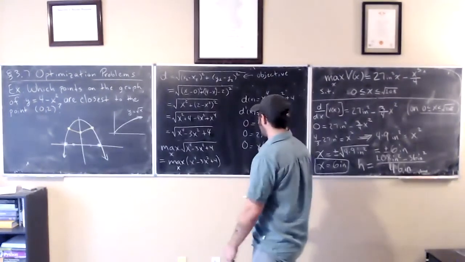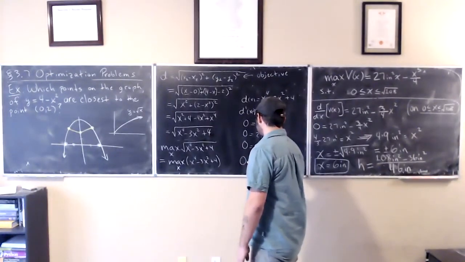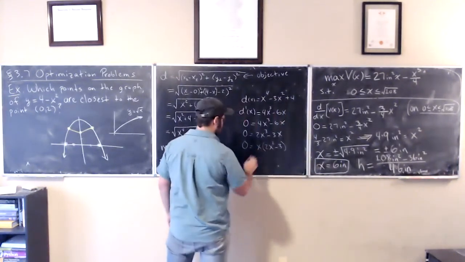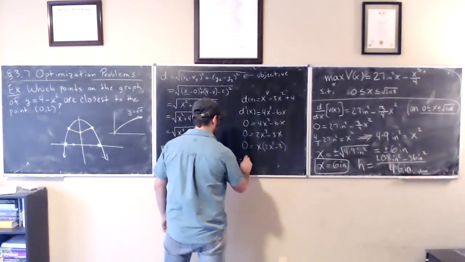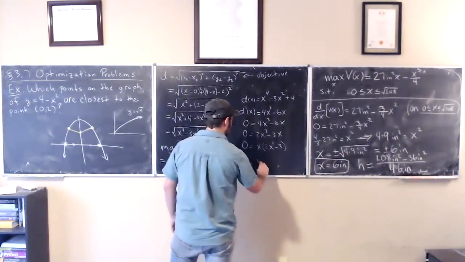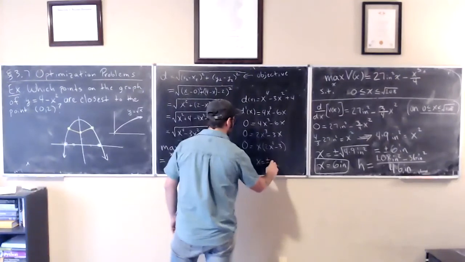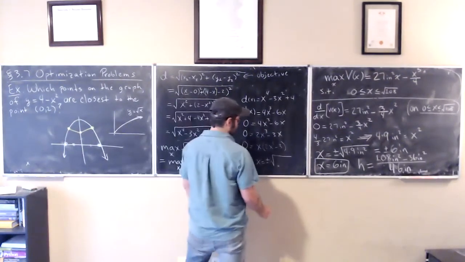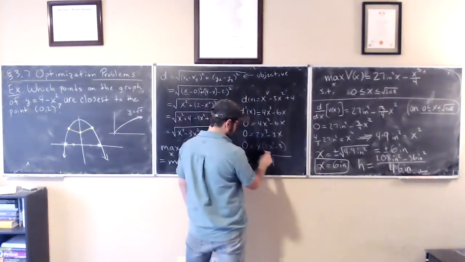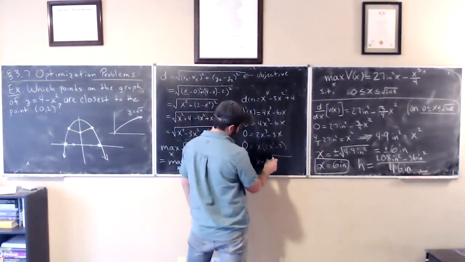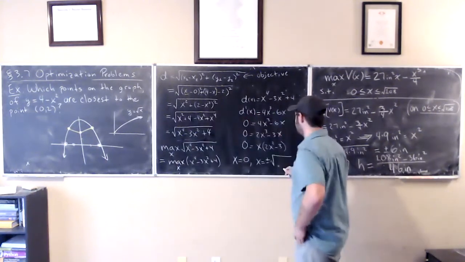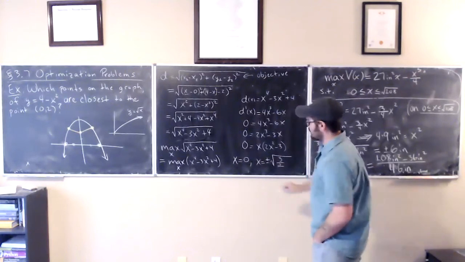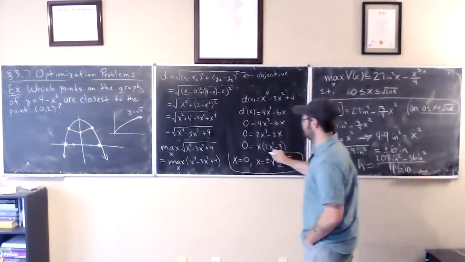So then, what are my critical points here? So x is equal to 0, and then also x is equal to plus or minus the square root of, what is that? 3/2? Yeah. So these are my critical values.